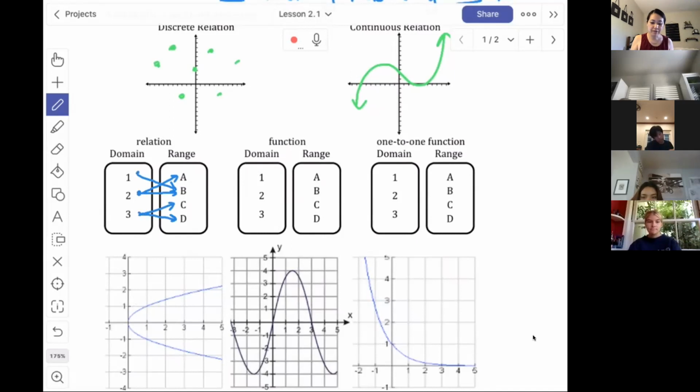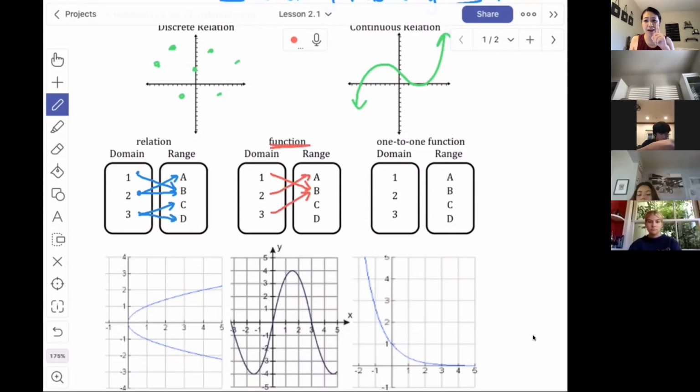Now, for it to be a function, this relation is actually not a function because every x doesn't just have one y. For it to be a function, each x can only go to one y, like that. So this is a function.